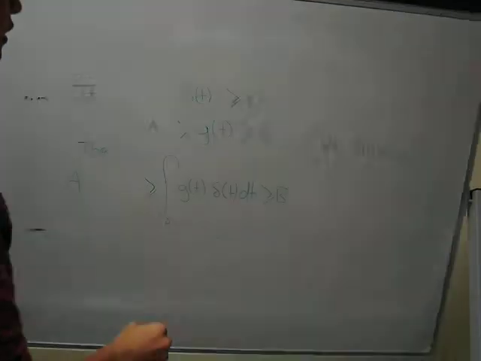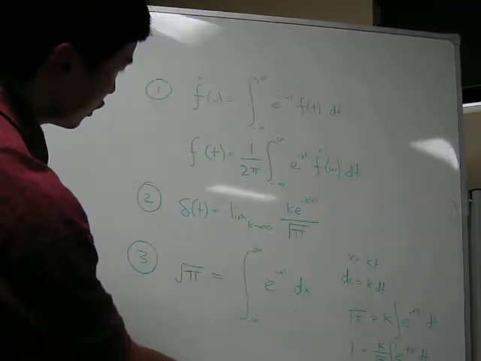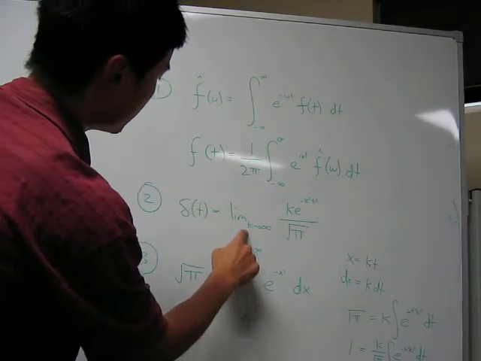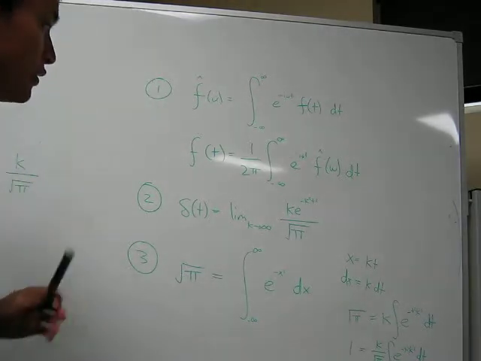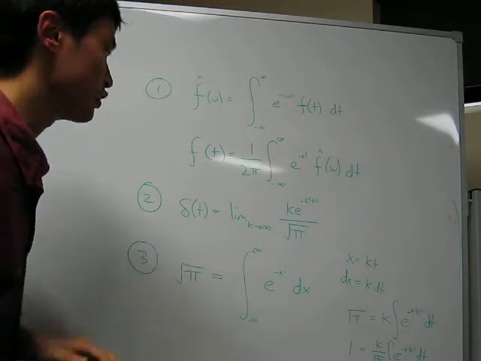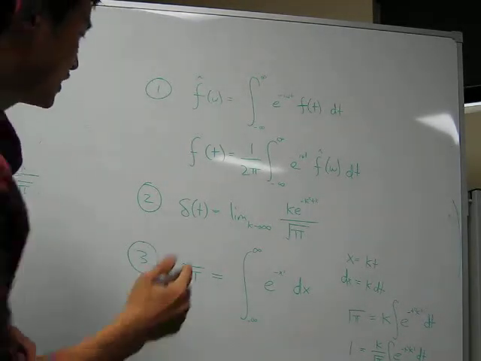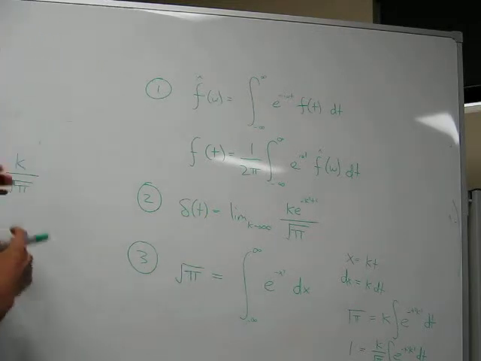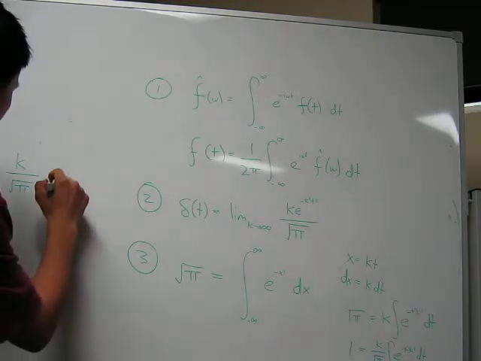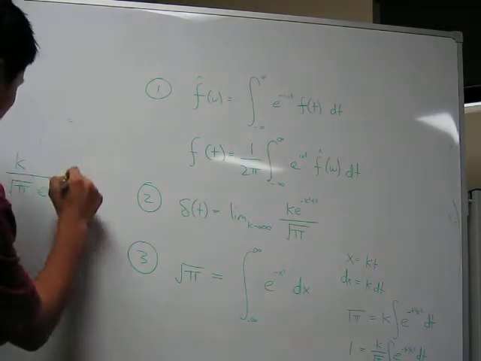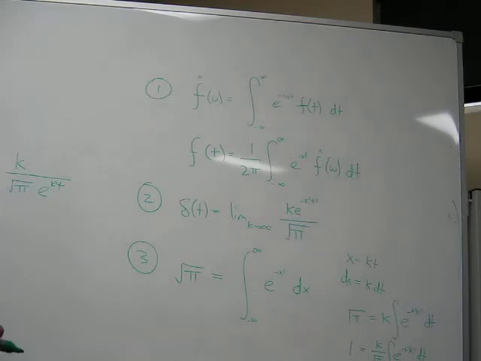Next, let's suppose we take the limit as k grows without bound. What will this function look like? Well, delta of 0 is going to grow up and up without bound, because that's just k on root pi. But for any other value of t, this limit will actually tend towards 0.